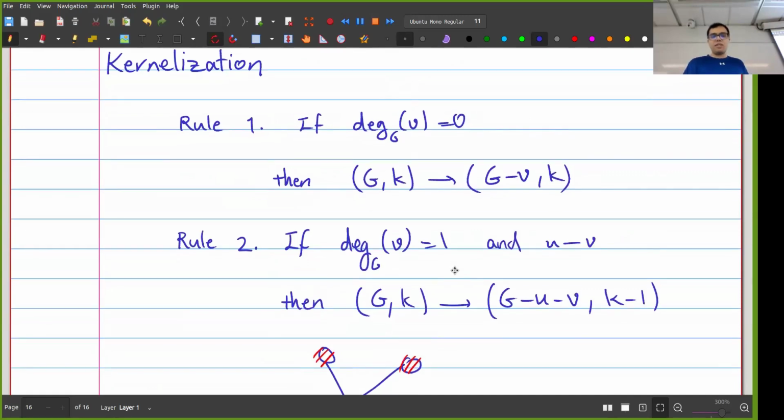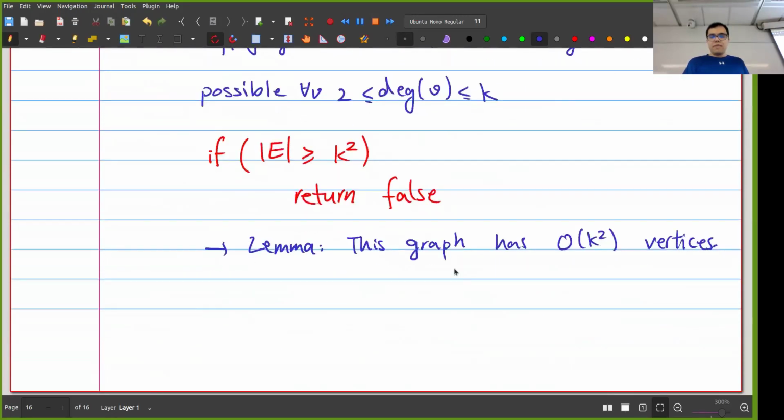Some of them you can find in constant time. So overall, we started with a big graph, we did some polynomial time processing on it, and we ended up with a small graph, a graph where the size is bounded by some function of k. Then, because my graph is small now, I just do brute force, and it would be polynomial time as long as k is a small constant.